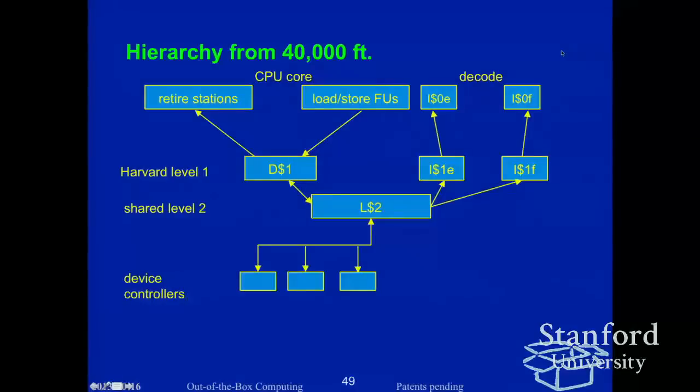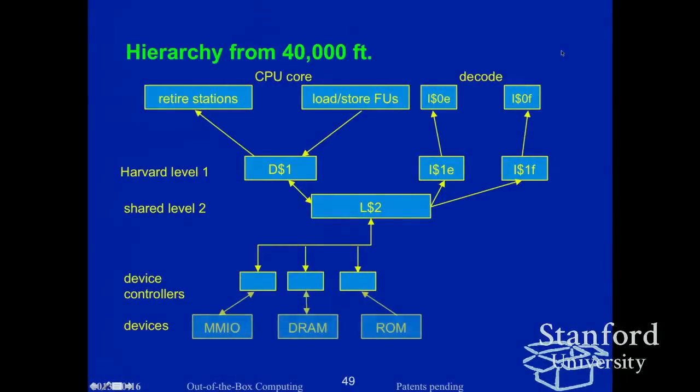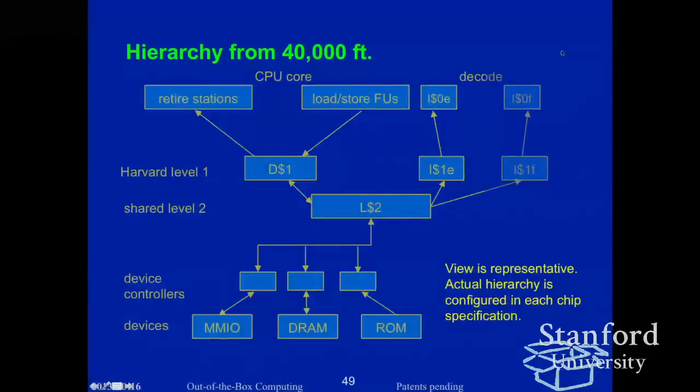The device controllers feed to and from the level 2 cache, and they are in turn hooked to a level of devices. So far, so commonplace. However, I should mention that the actual organization is member dependent, but typical.